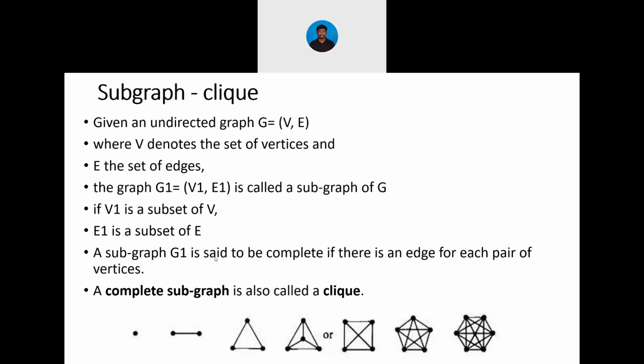So the subgraph G1 is said to be complete if there is an edge for each pair of the vertices. The complete subgraph is also called a clique. Looking at the figures below, the first one is also a clique, which has a single node.